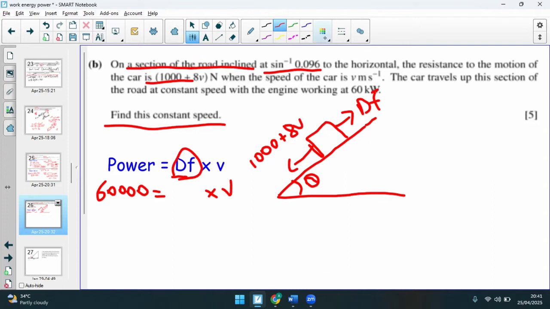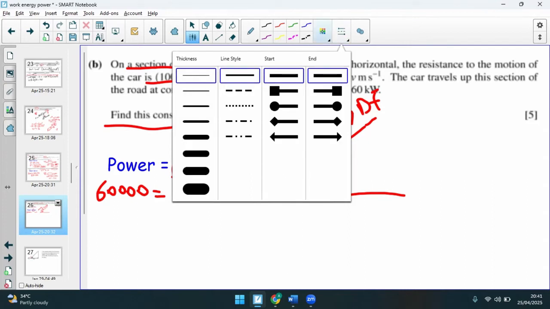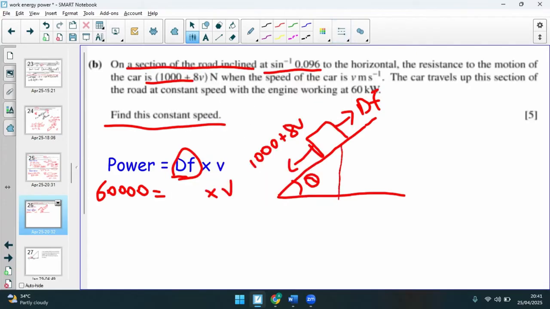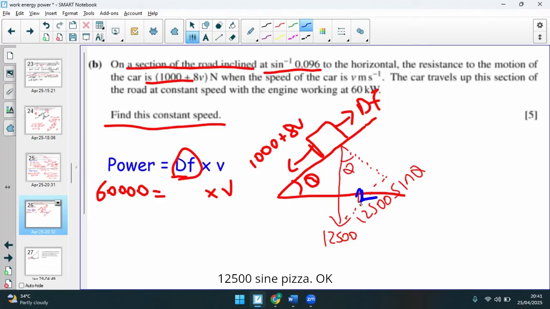And what else do we have? The mass. Your mass was 1250, so your weight will be 12,500 and going down there. So this component going this way is 12500 sine theta.